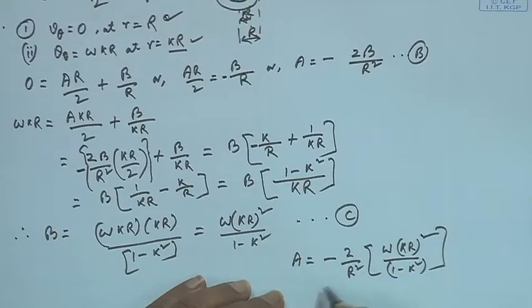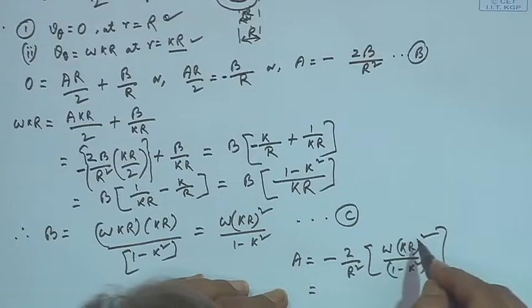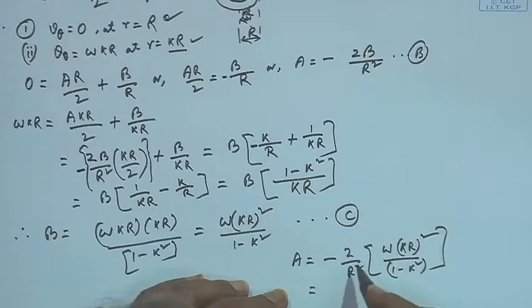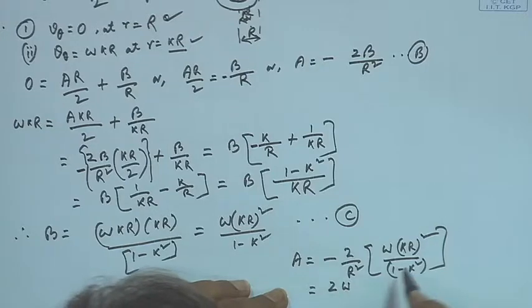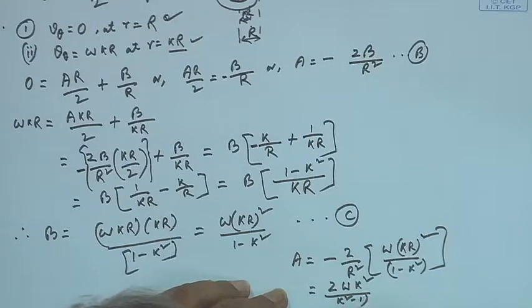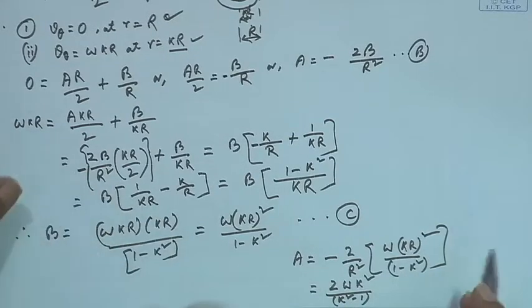So this again we can write that this R square goes out, this 2 remains, so 2 omega K square divided by, instead of 1 minus K square, we can write K square minus 1. So A is 2 omega K square by K square minus 1.